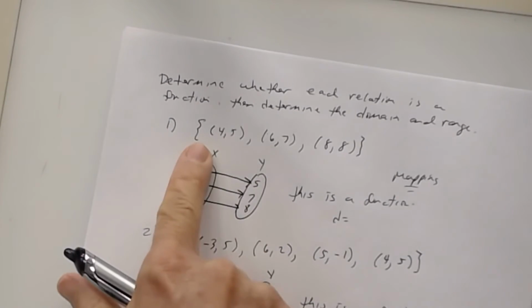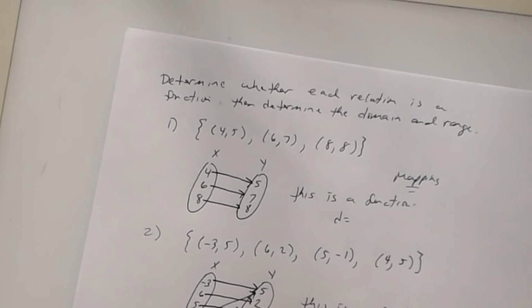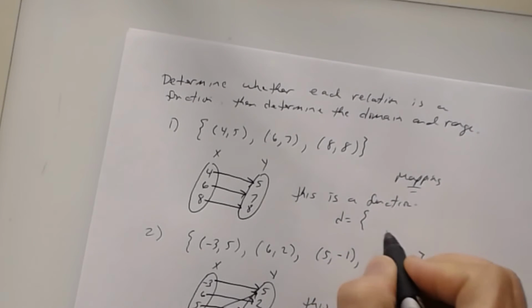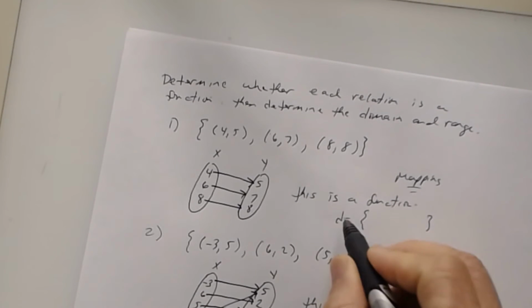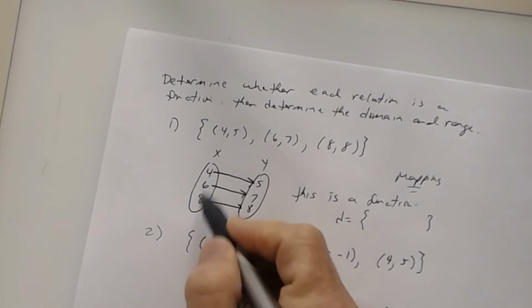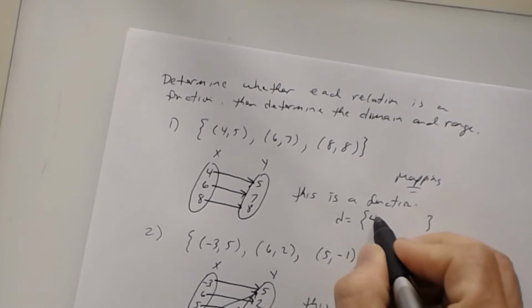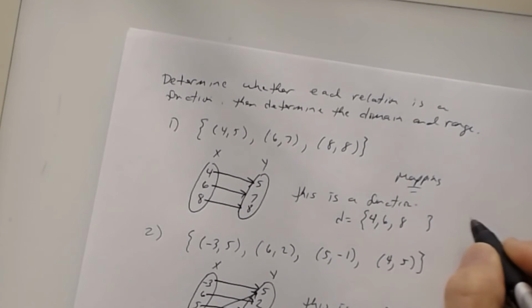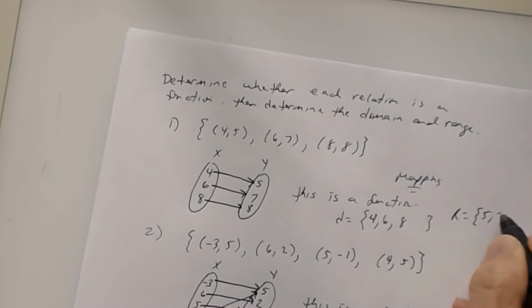Guys, are each of these relations finite or infinite? Finite. You can count them. 3, 4, 5, finite. So since it's a finite set, you're going to use set notation, and you're just going to list the numbers, just like you did here. So you're just going to say what? 4, 6, 8. That's your domain. The range equals 5, 7, 8.